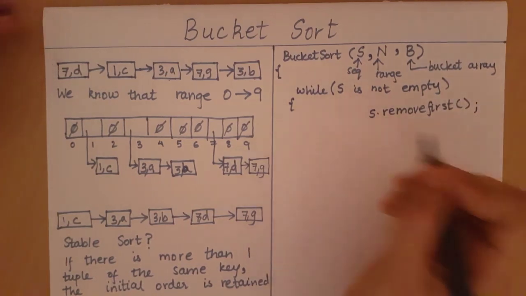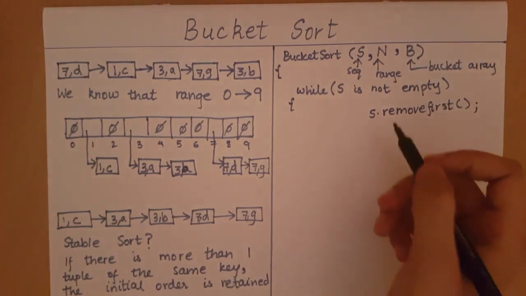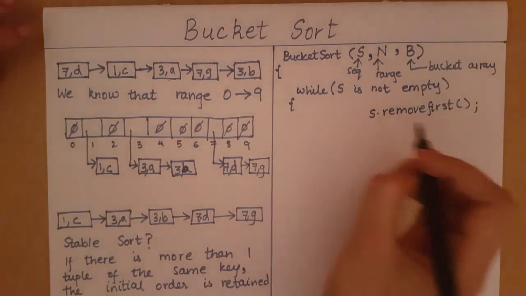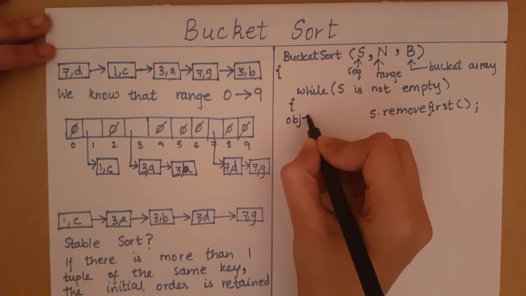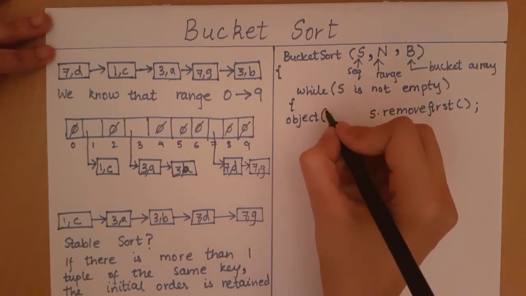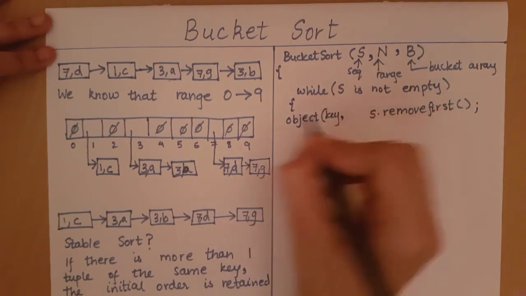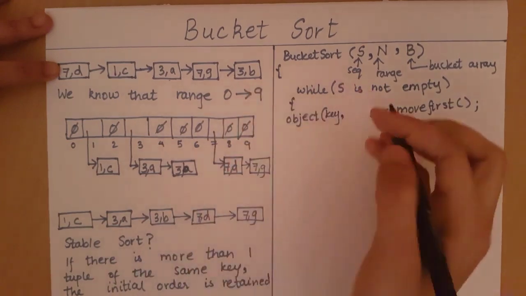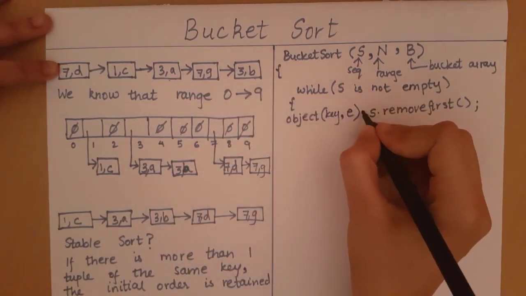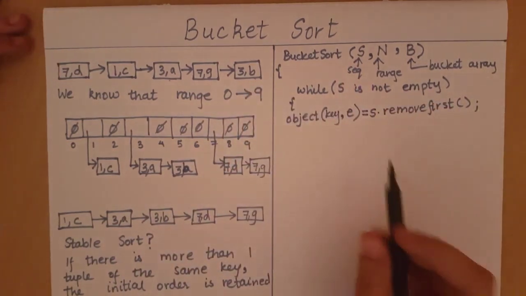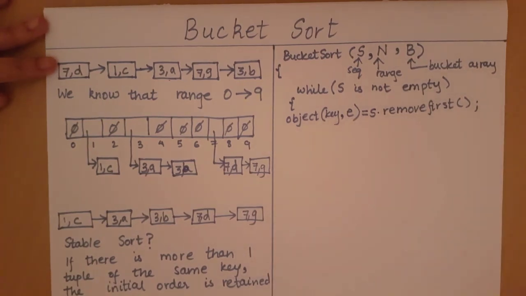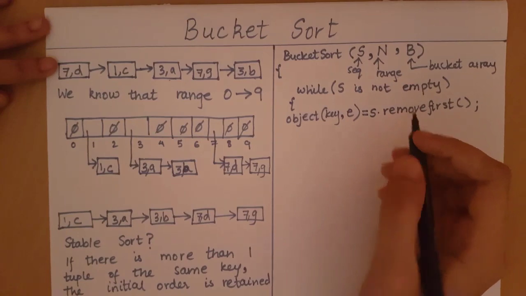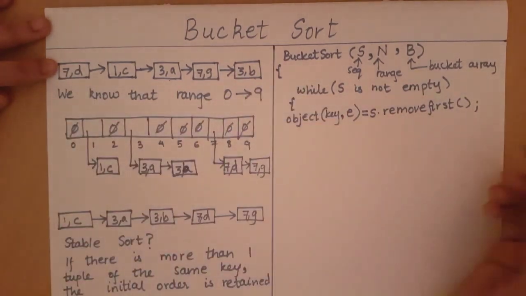And what will I get when I remove this object from the sequence? I'm going to be returned some object which is going to have a key, which is going to be our number, and it's going to have some element E. So I'm going to get a key element pair from removing from the initial list.